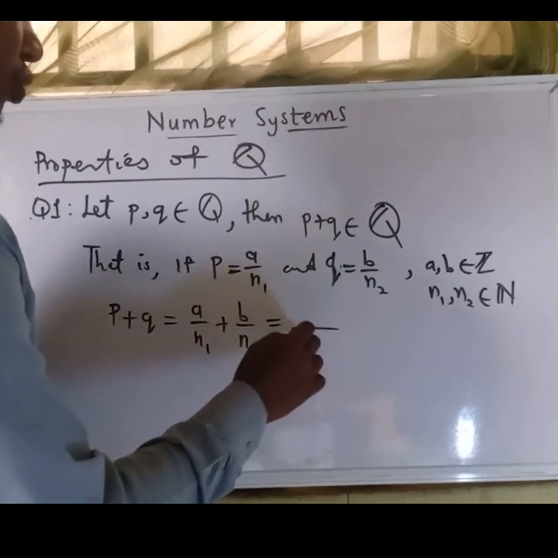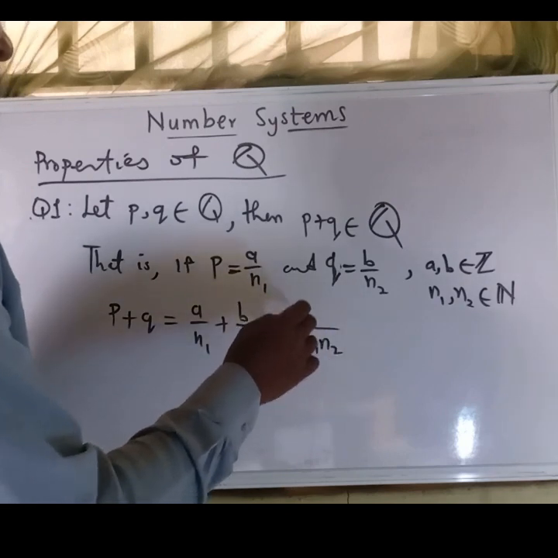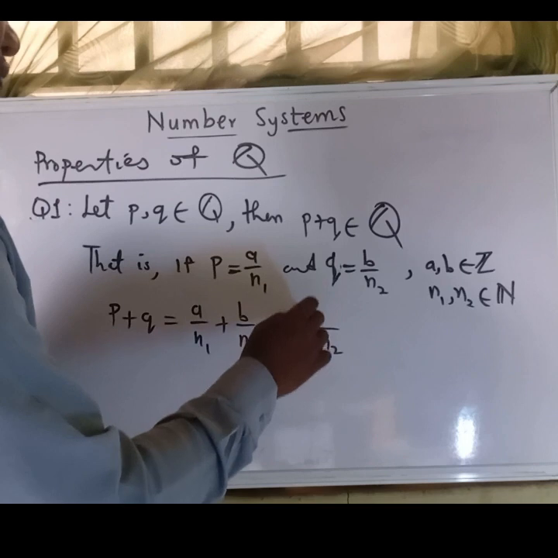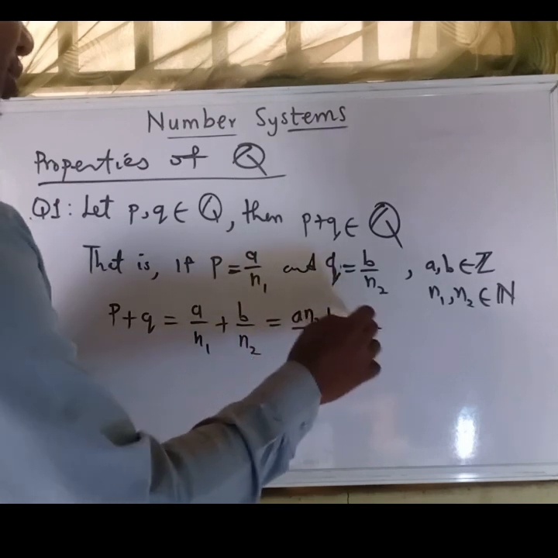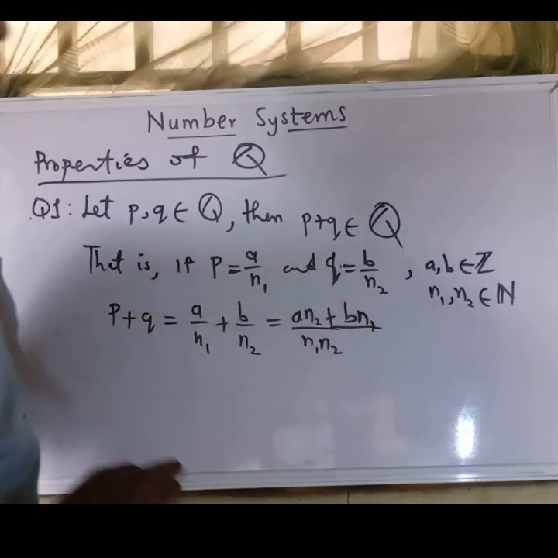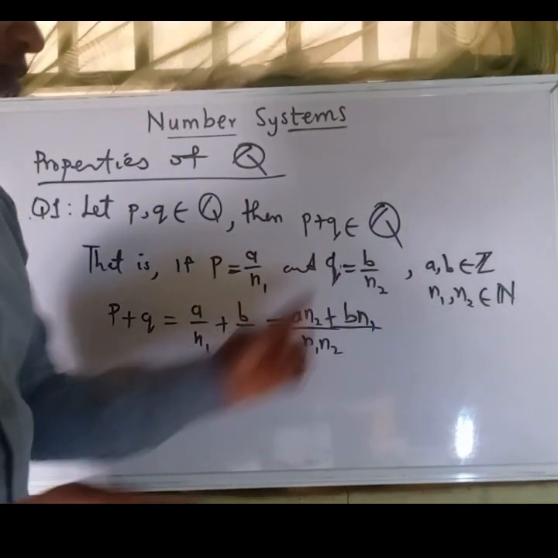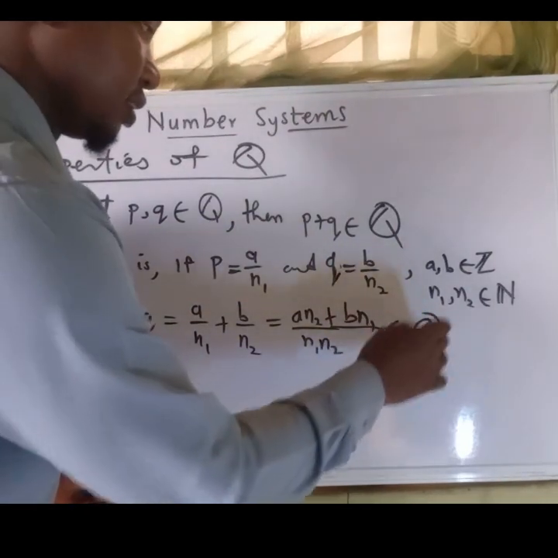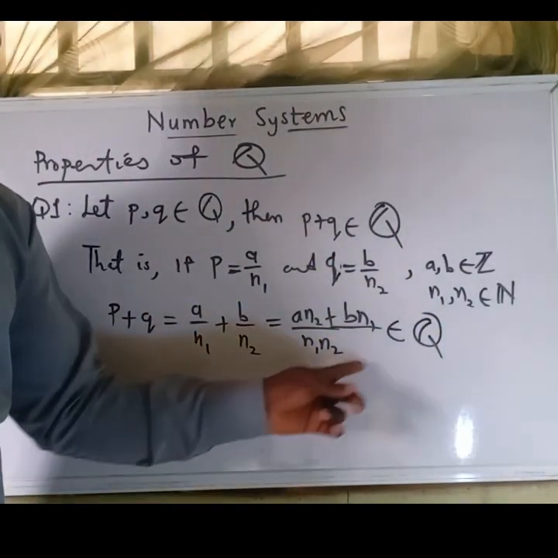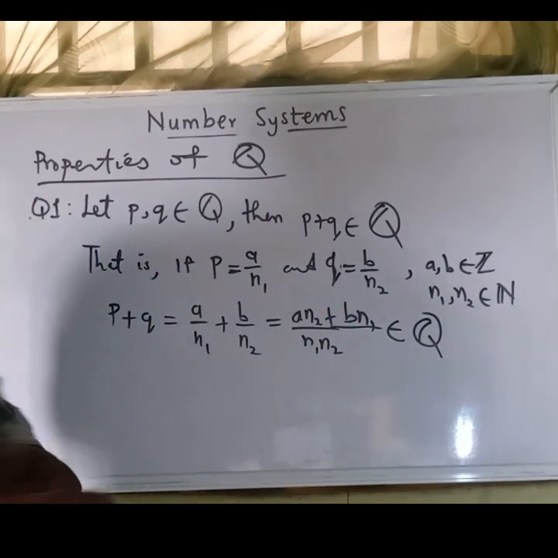So the same is N1, N2, and this gives AN2 plus BN1. So what we are saying is that this sum, or this term, is also a rational number, as you can see.